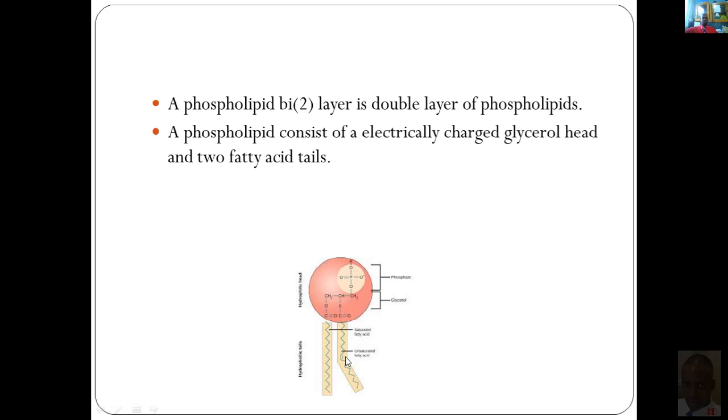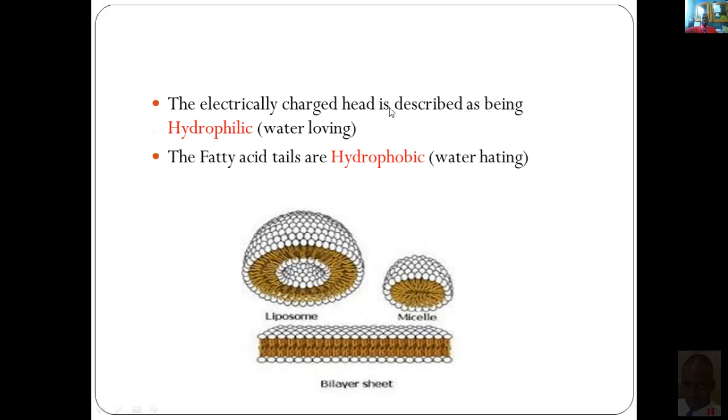So in a sense, the phospholipid is bipolar because it has a charged head and a zero charge fatty acid tail. So the electrically charged heads are being described as hydrophilic, and what we mean by hydrophilic is that it is water loving.